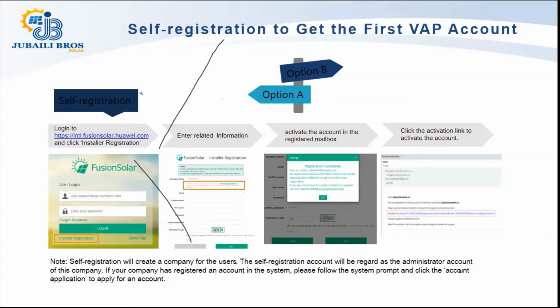If you create another company, then the PV plant registered under one installer cannot be used by the other installer. So it is very important that you have one administrator account per company. Typically, this administrator account can be created by Jubaili Bros, but if you want, you can follow the same process and create your own account.